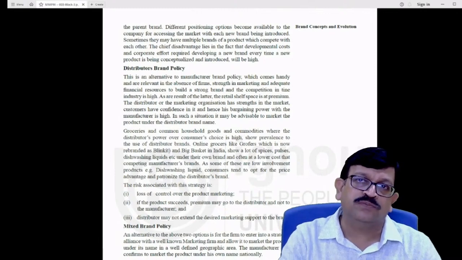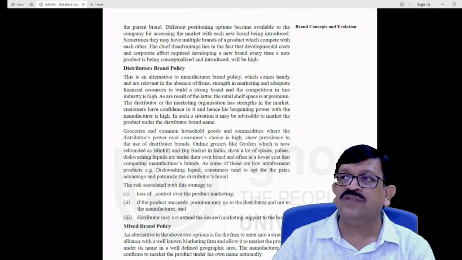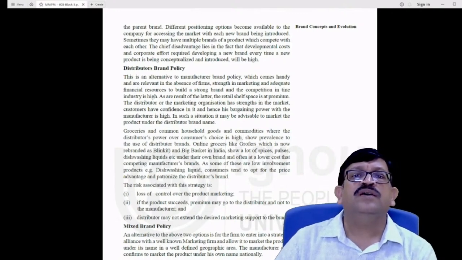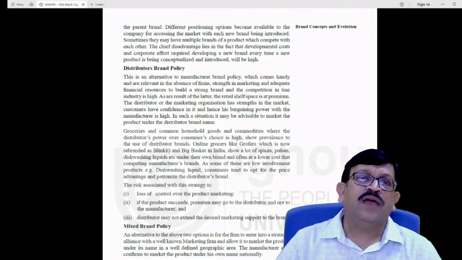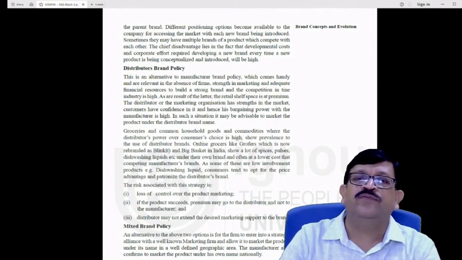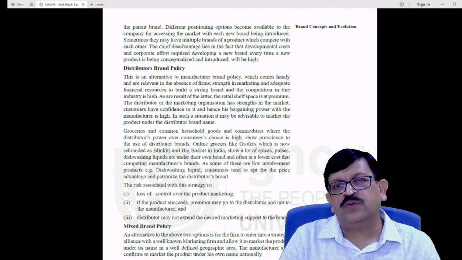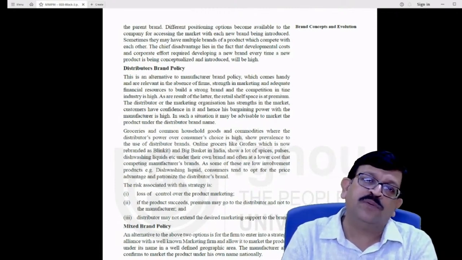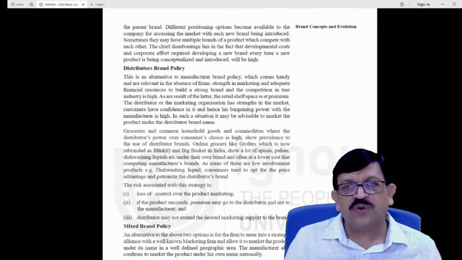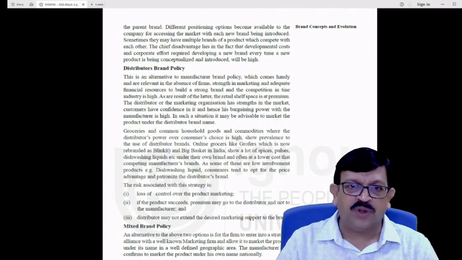But once your brand image is built in an individual policy, you can always leverage the brand name. And going forward, you can also grow a few other brands under that as an umbrella brand. So these are not watertight compartments, that only if I am adopting one type of branding policy, I cannot do the same for a different product. Depending upon the market requirements, you can leverage the branding policy.